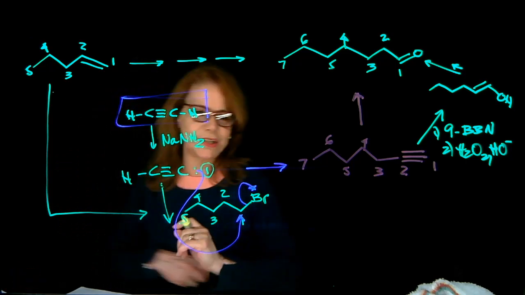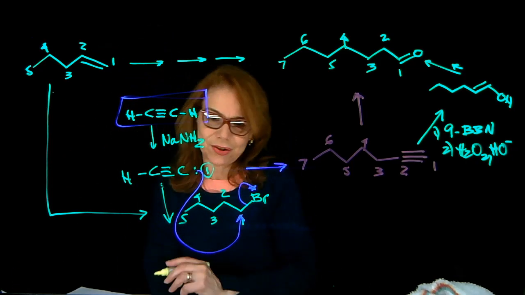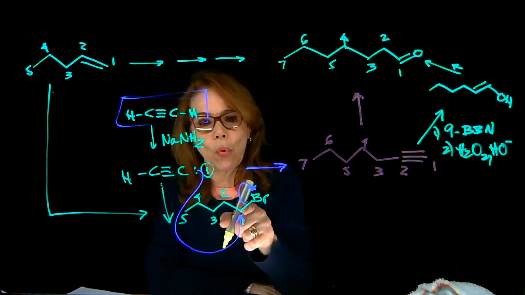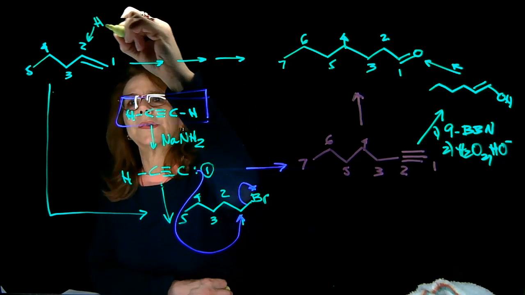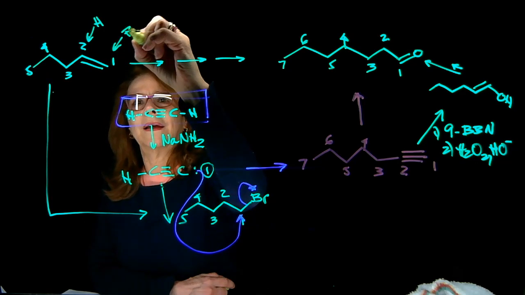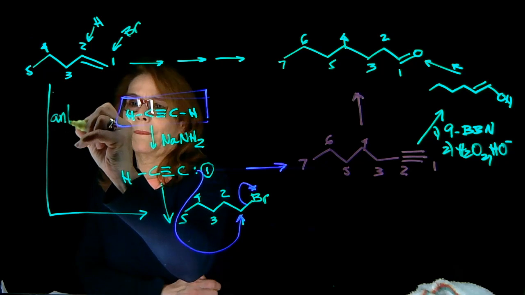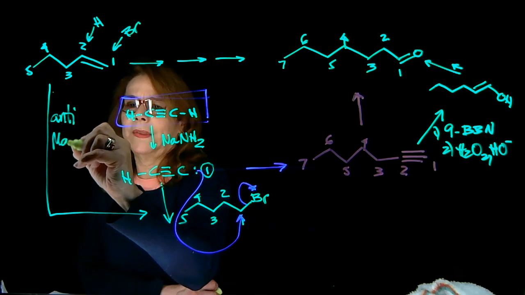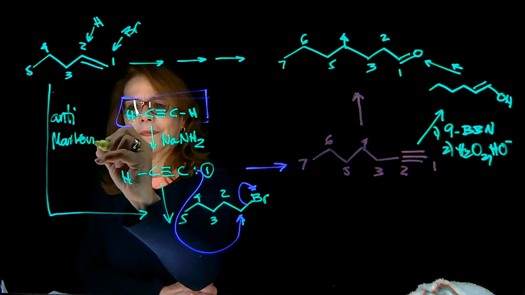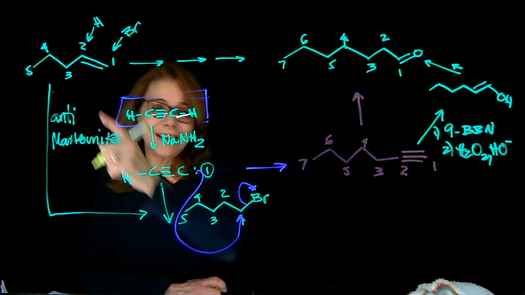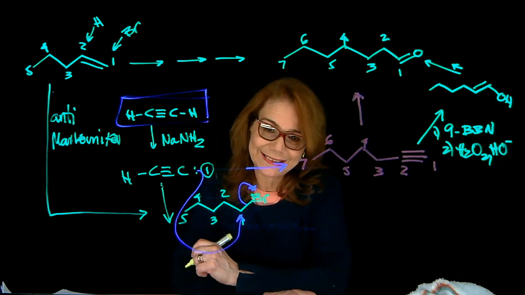Let's see what the changes were. I have added bromine and an H. Notice that the way it was added, adding an H here and a bromine, is an anti-Markovnikov hydrohalogenation, in which the hydrogen has been added to the more substituted carbon of the alkene.